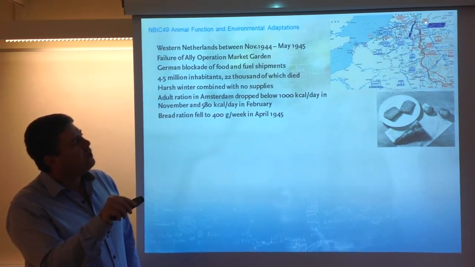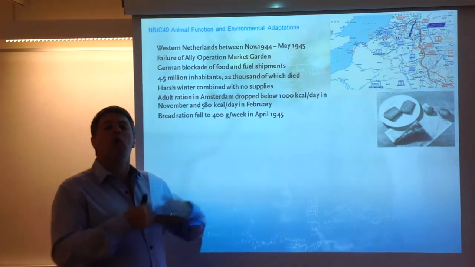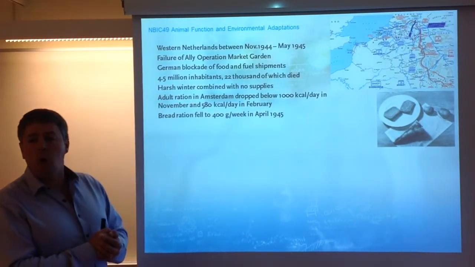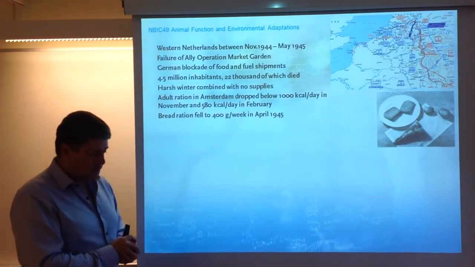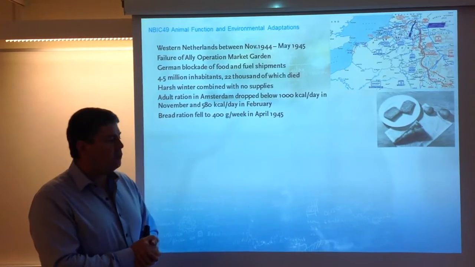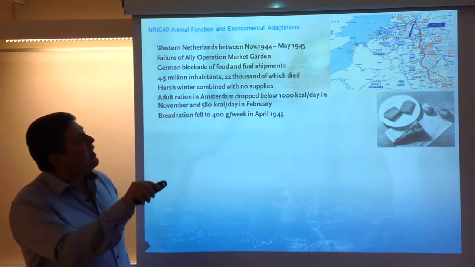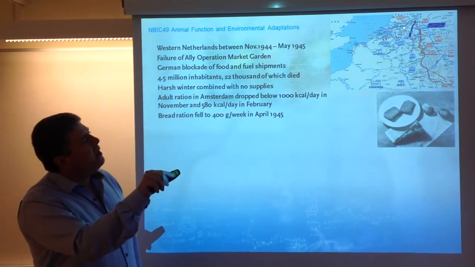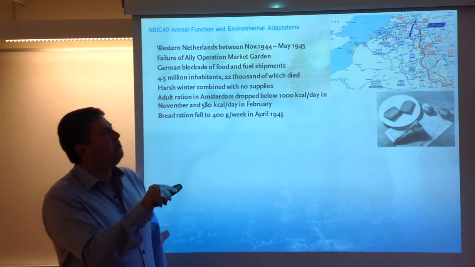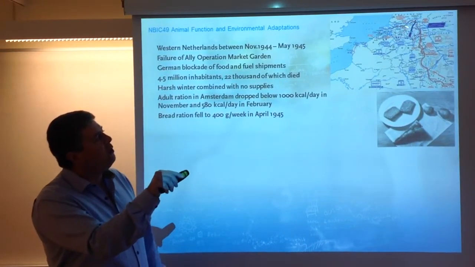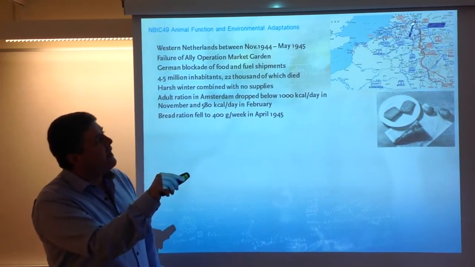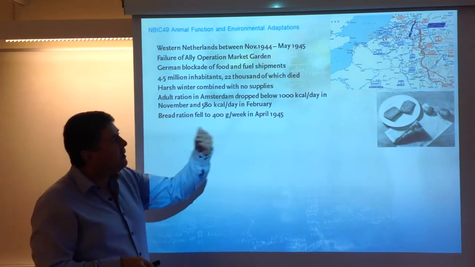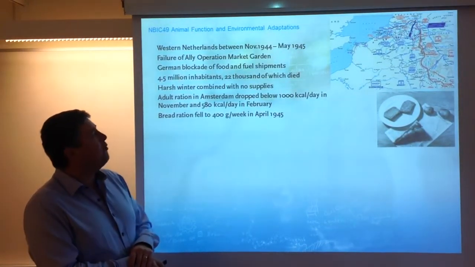In this crossing, they were not able to cross the river, therefore expelling the German troops from these territories was not possible because they failed to go across the Rhine River at the Battle of Arnhem.